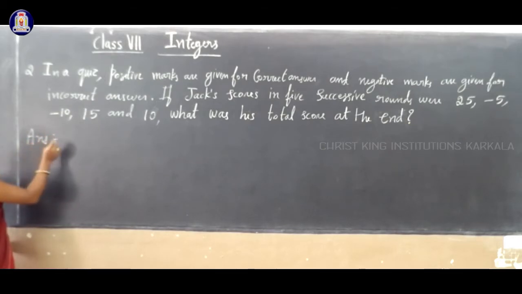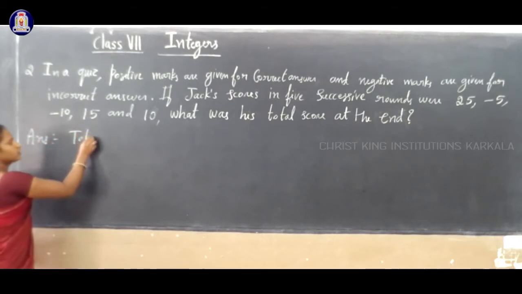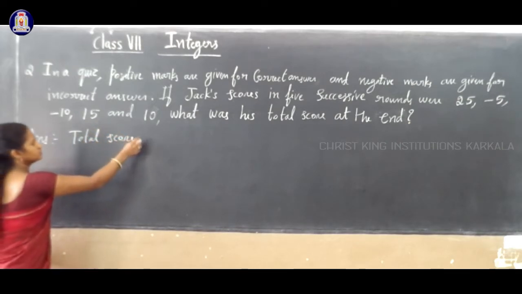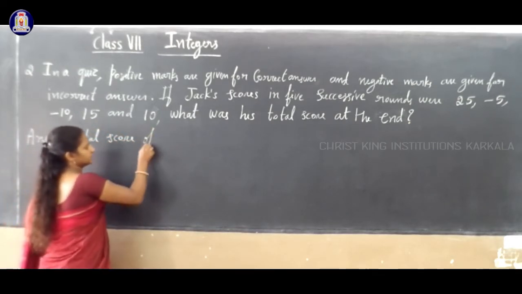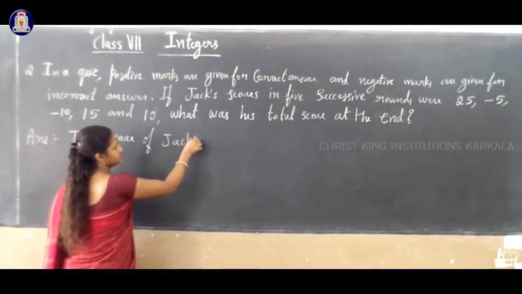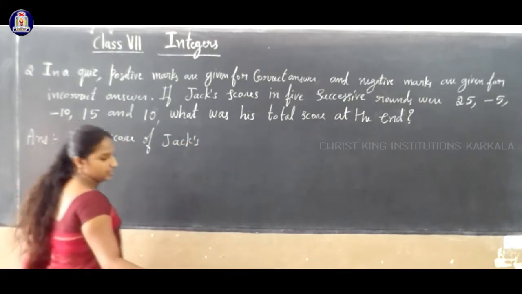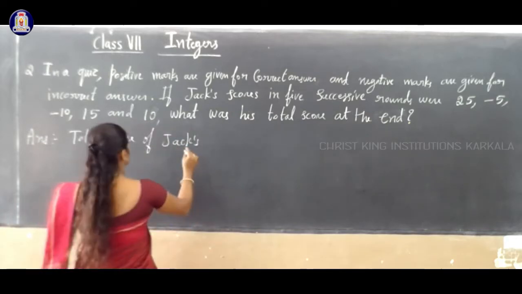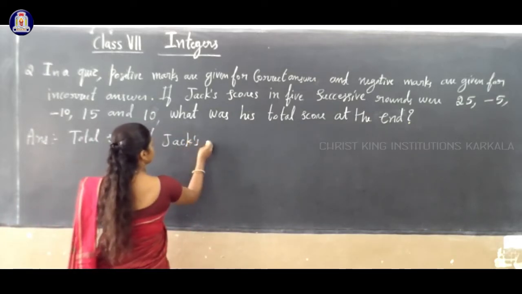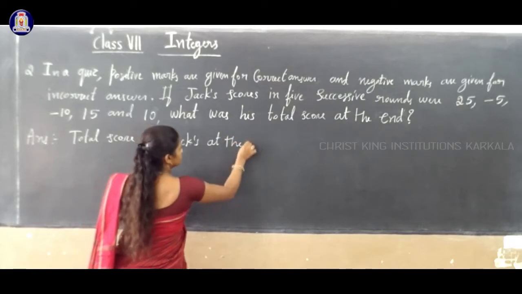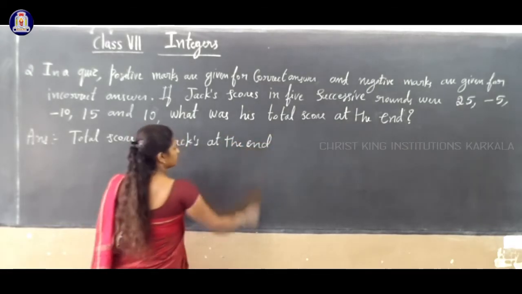So now write total score of Jack's at the end. So you can write Jack's total score at the end. At the end, clear?